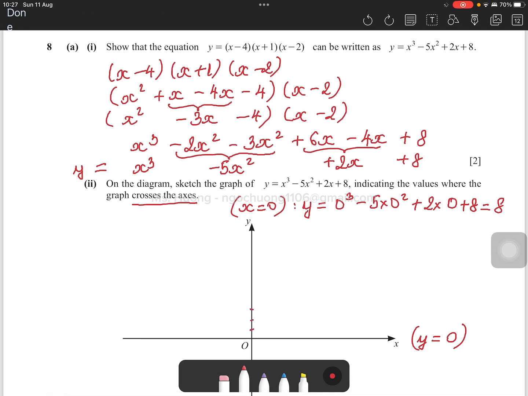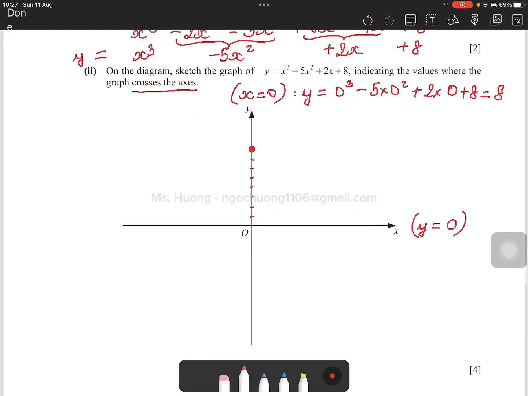1, 2, 3, 4, 5, 6, 7, 8. Here it is, the first point. And when y equals 0, then the equation becomes x cubed minus 5x squared plus 2x plus 8 equals 0. And you will use your calculator to help you solve this cubic equation.